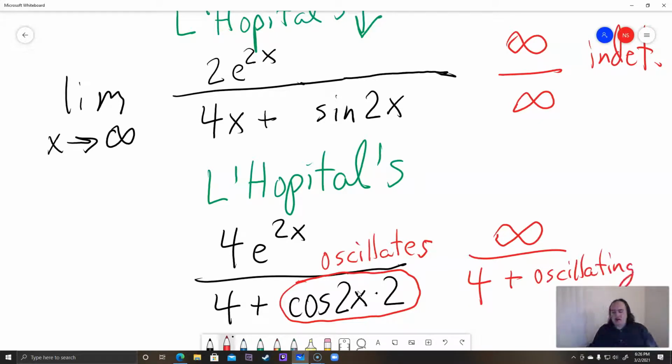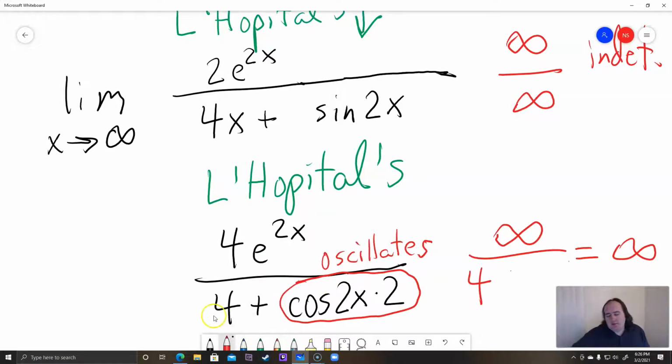And you don't really care about the oscillating thing when you're talking about an infinite limit, because the oscillating function is not going to infinity. So you can really just think of it as infinity over 4, which is infinity. Because infinity over any positive number is just going to be infinity.